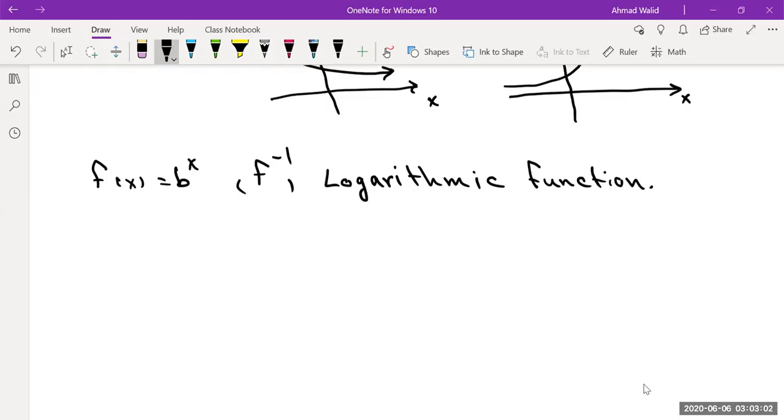The notation for a logarithmic function is log base b. That's the notation for a logarithm.